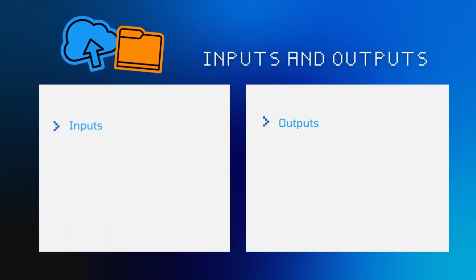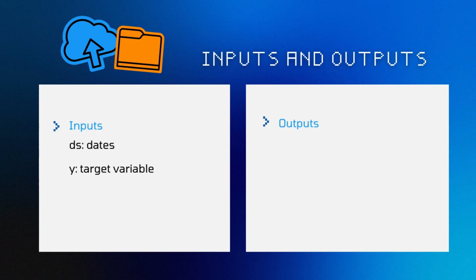Now that we know how Prophet works, let's see what inputs it requires and what output it gives us. To use Prophet, you only need two columns in your dataset. DS, the date, this should be in standard datetime format, and Y, the target variable, the value you want to predict, like sales, web traffic, or demand.